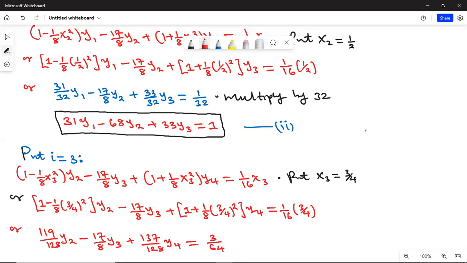I can see 128 is common in the denominator, so we can multiply through by 128.